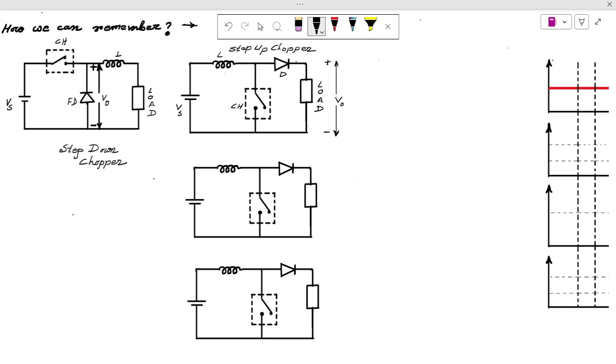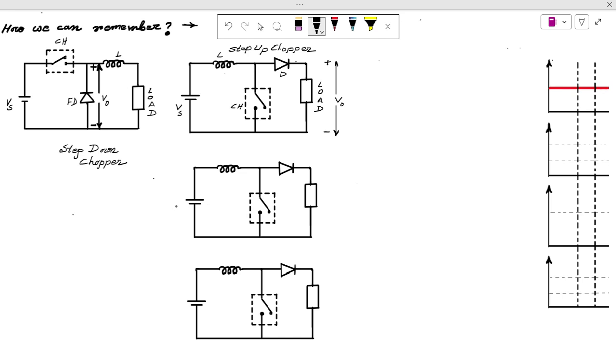Here I will draw two consecutive pictures. In one picture we consider the chopper in the on state, and in this picture we consider the chopper in the off state.